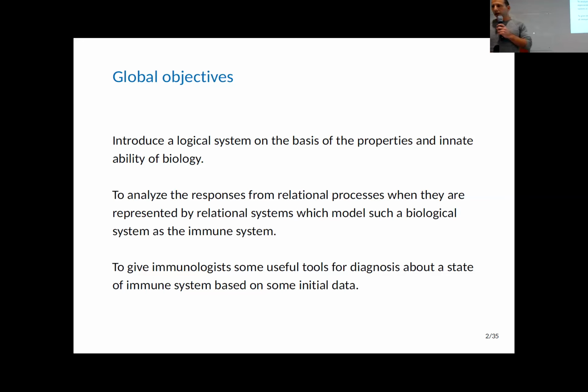And in hindsight, we want to give immunologists, in this case, some useful tools for diagnosis and, in the best case scenario, to tackle some diseases as well.